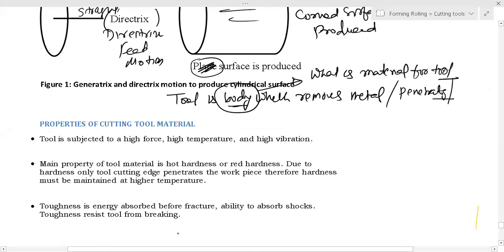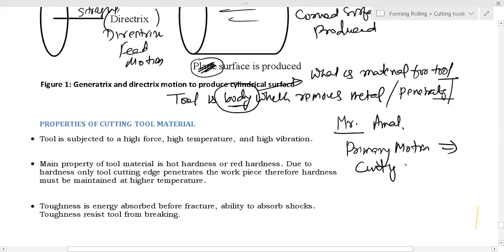Somebody asked me what the doubt is: primary or secondary motion? Amal. So you have primary motion, which we also call cutting motion, or generatrix.